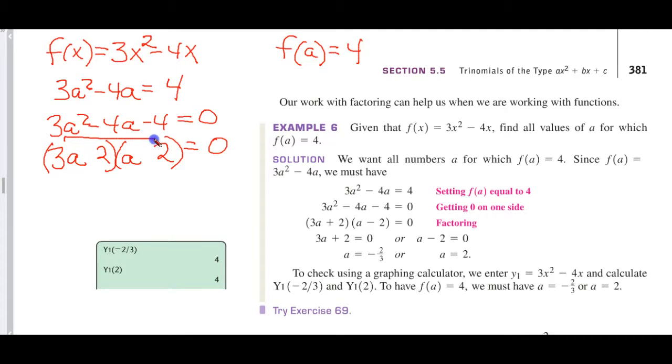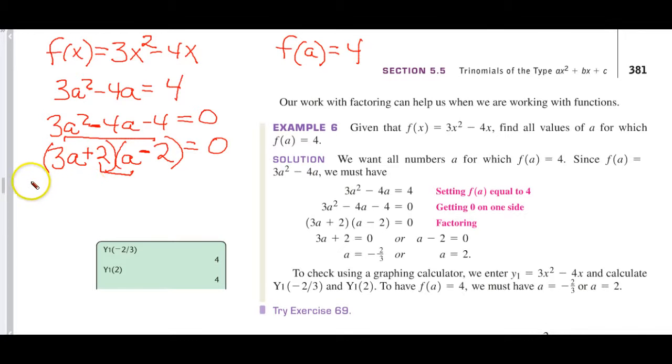So when I do my outers, I get a 6. When I do my inners, I get a 2, and the difference is 4. Needs to be negative. So this will be a negative 6a. A positive 2a gives me my negative 4a for the middle term.